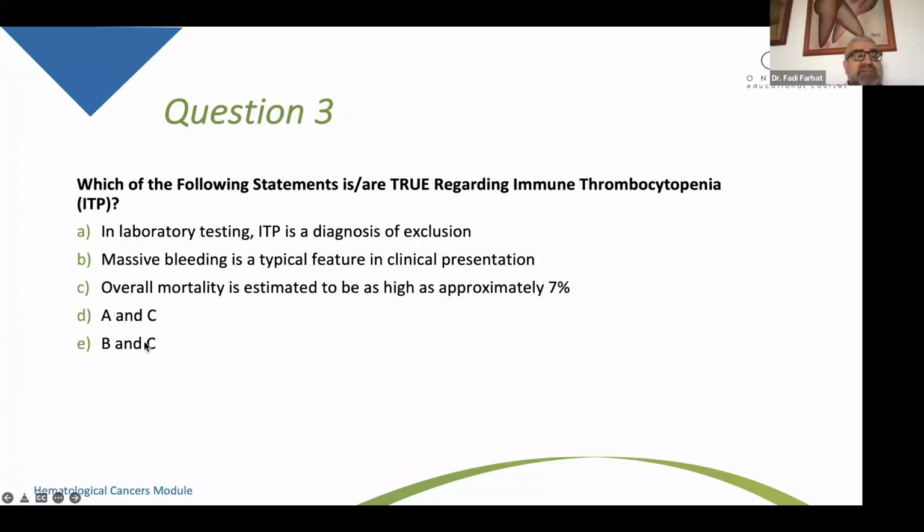A and C, B and C. Which of the following statements is true regarding immune thrombocytopenia for the adult? Is it the exclusion diagnosis, massive bleeding, mortality, or combinations? I will vote. I know the question, the answer.